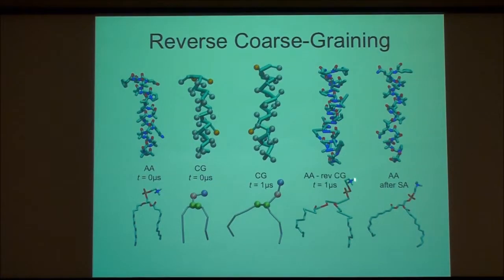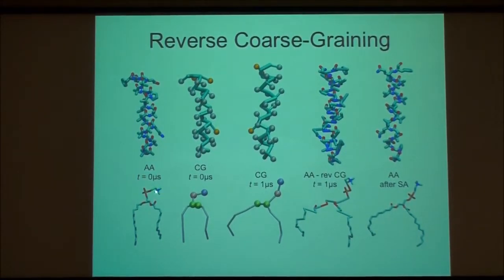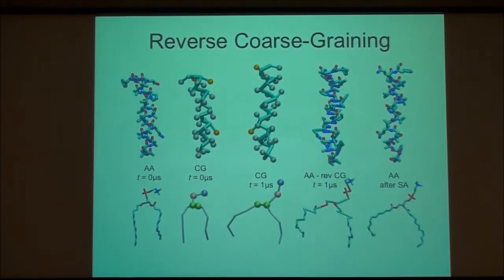And in order to optimize this and to have a faster convergence into a reasonable model, what we do is that we save the conformation that we use initially for this particular group, coarse-grained. Before we coarse-grain, we save this particular conformation of these 4 or 5 atoms here, and we use the same conformation when we build it back into the coarse-grained model.